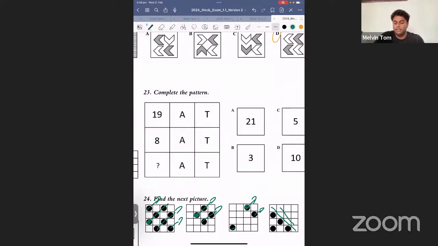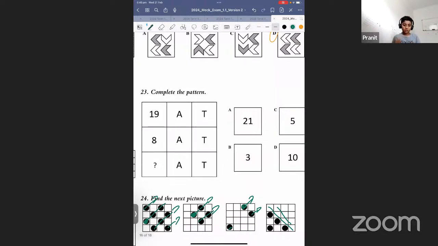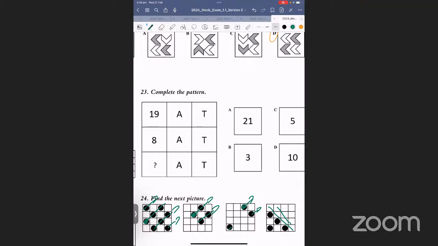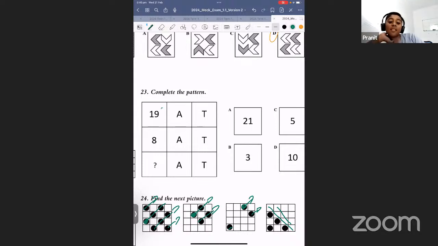So Ira, this question, it's just a play on the letters. So what's 19 as a letter? What's the 19th letter in the alphabet? It's an S. S?